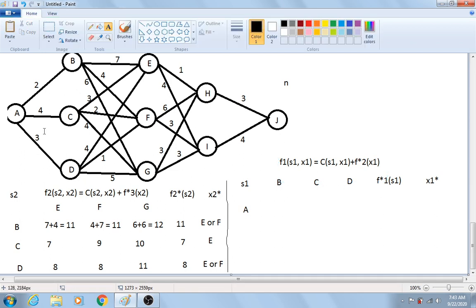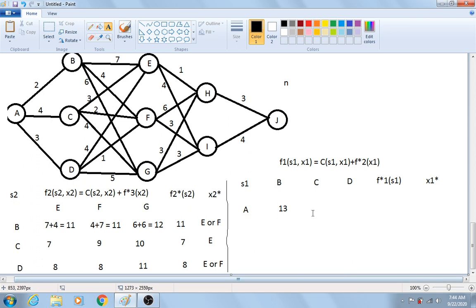Now going from A to B, the cost is 2. And from the next stage, for B, the lowest cost is 11. 2 plus 11, that is 13. From A to C, the cost is 4. From stage number 2, the lowest cost from C is 7.